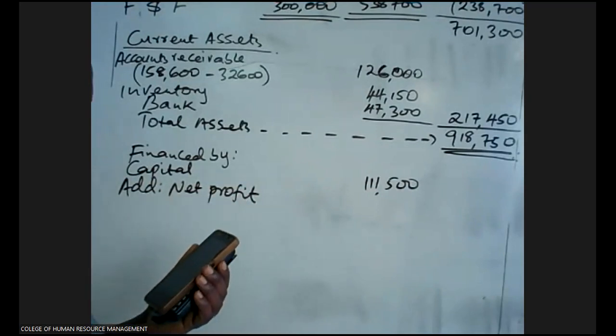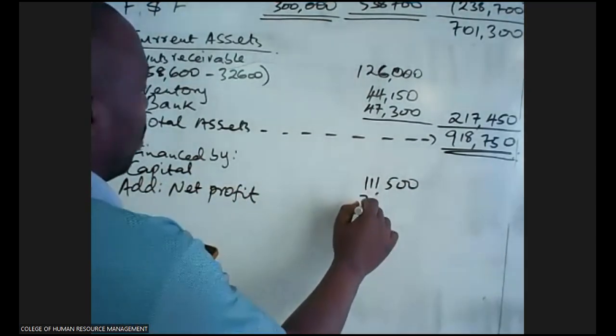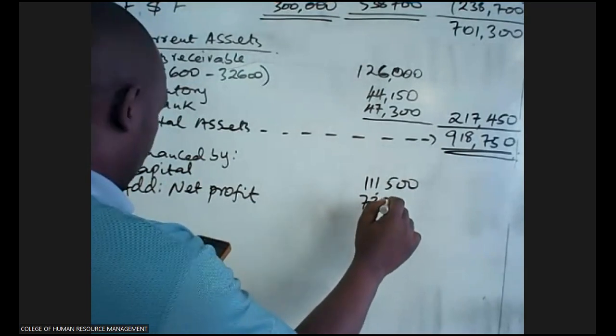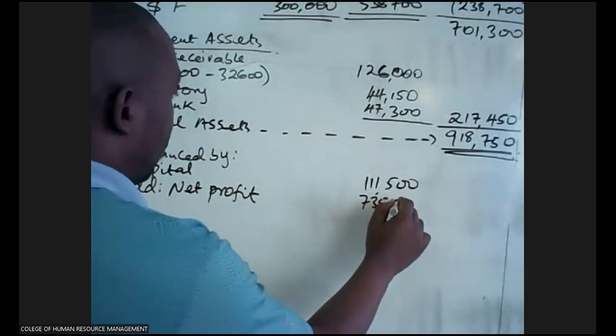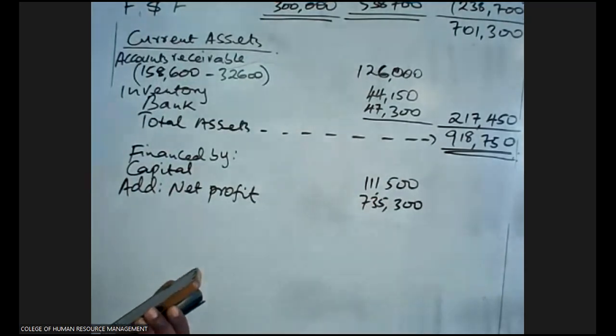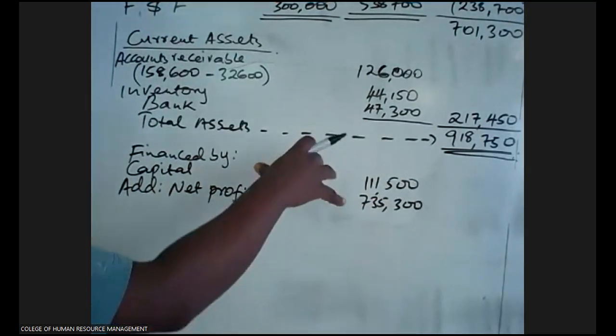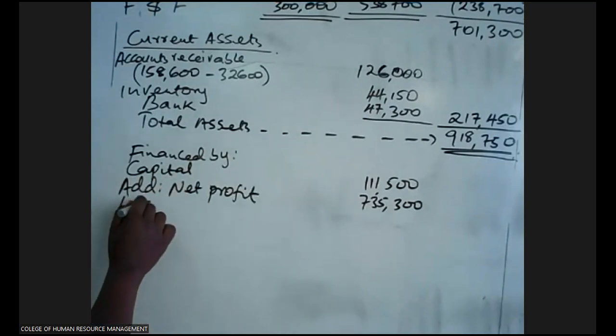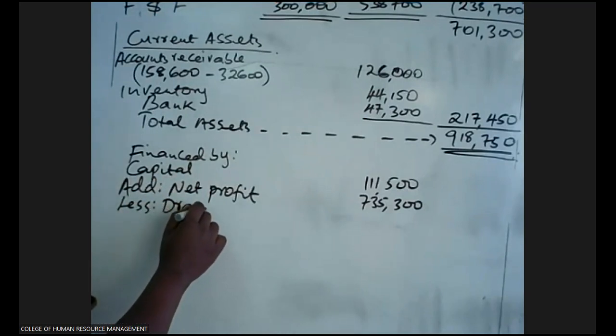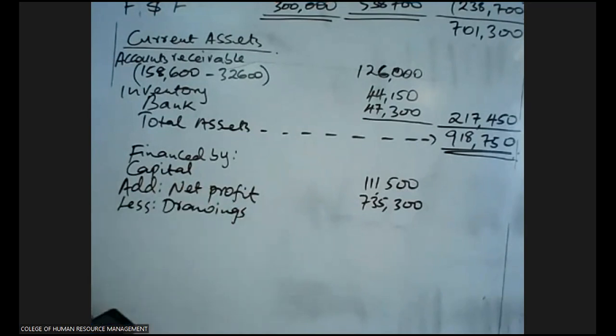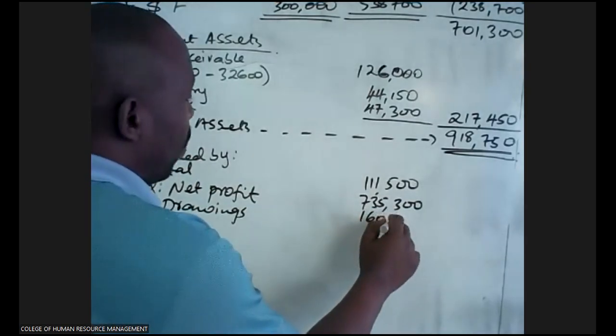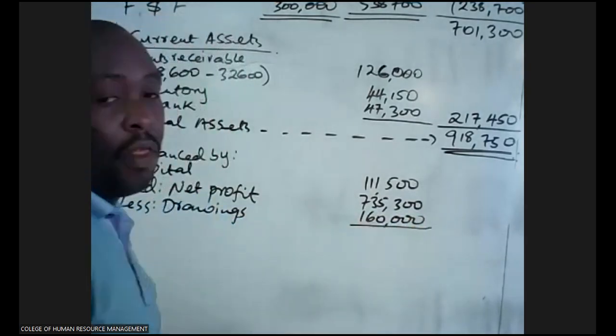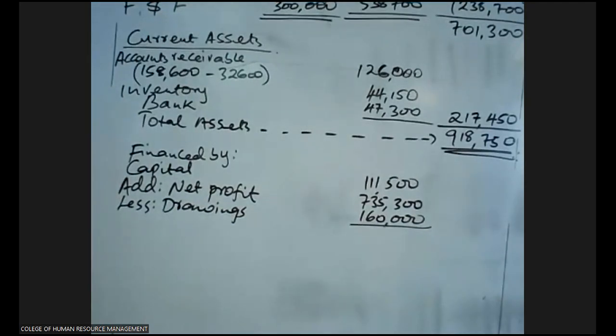We earned a profit of 735,300. That is under the additional information number 4, the net profit for the year. So that net profit increases the capital. Then we deduct the drawings, what the owner will deduct from the business for his or her own personal use, 160,000. So that now we can determine the closing capital amount.